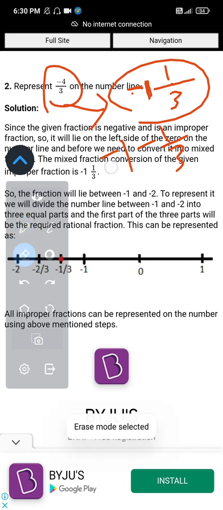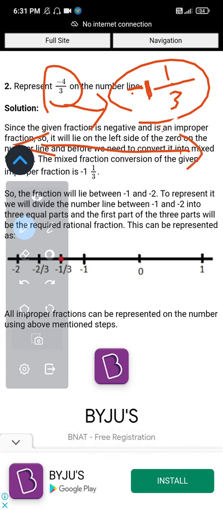So that's the condition. It has minus 1 whole but not minus 2 whole, which means it is between minus 1 and minus 2. It has minus 1 fully and some more minus is there. So we understood this is between minus 1 and minus 2.